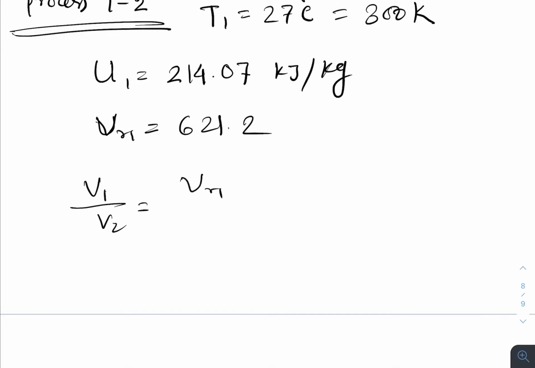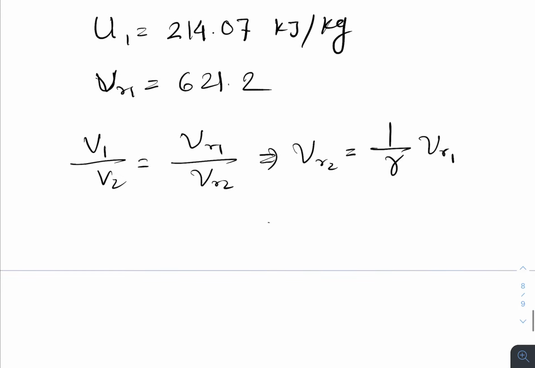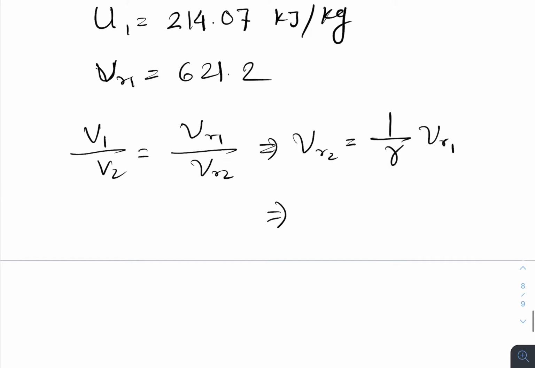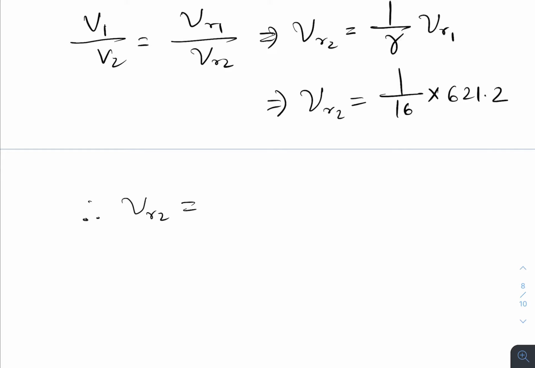Now from the relationship v1 divided by v2 equals vr1 divided by vr2, vr2 equals 1 over r times vr1, because r is the compression ratio. So vr2 equals 1 over 16 times 621.2.